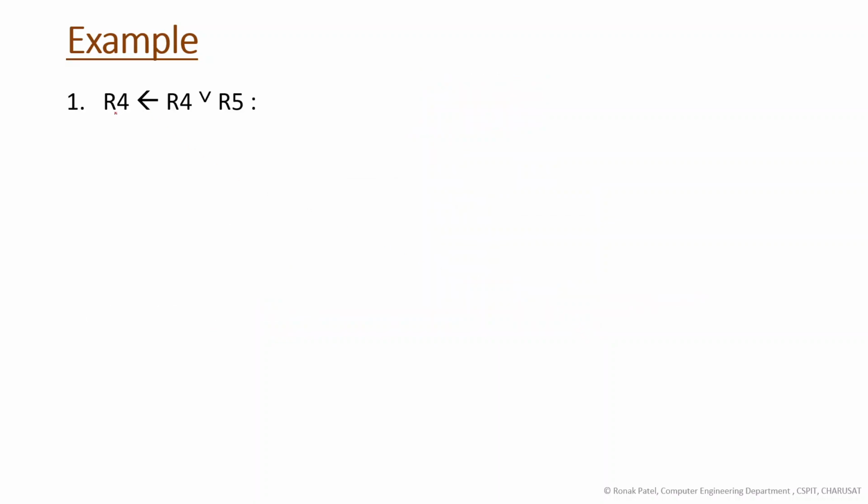Okay. Take another example. R4 OR R5, with R5 as the destination. So for the control word, 3 bits for R4, the next 3 bits for R5, the destination result must be stored in R5, and the OR operation.